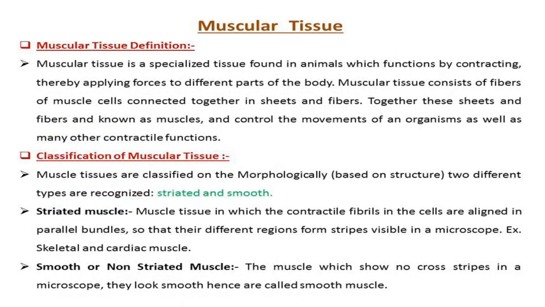First, striated muscles: muscle tissue in which the contractile fibrils in the cell are arranged in parallel bundles, so different regions form strips visible in the microscope. These types are the skeletal and cardiac muscles. The other is smooth or non-striated muscle. These muscles show no cross strips in a microscope. They look smooth, hence they are called smooth muscles.